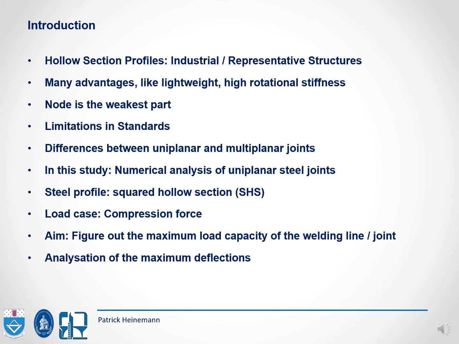The steel profiles are square hollow section profiles, and the load case represents a roof load, so there will be an axial compression load which affects the bottom of the chord, where the chord is defined as the vertical part of the column. The aim is to figure out the maximum load capacity of the welding line and at the same time an analysis of the maximum deflections.